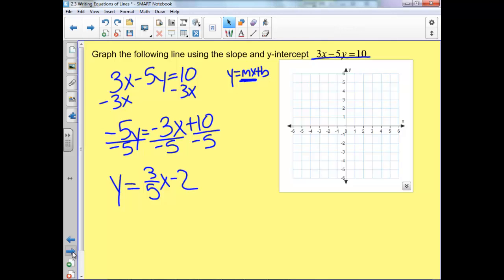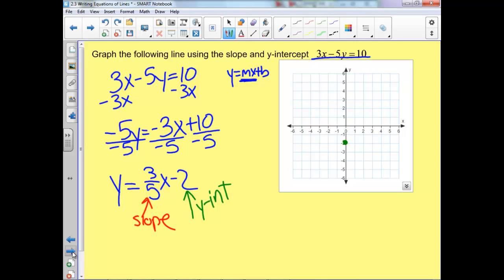And then remember, this is our y-intercept, and thinking back to when we graphed by intercepts, that's going to be our starting point. It's where it crosses the y-axis, so right there. And then this is our slope. This is our rise over run. This tells us where to go.